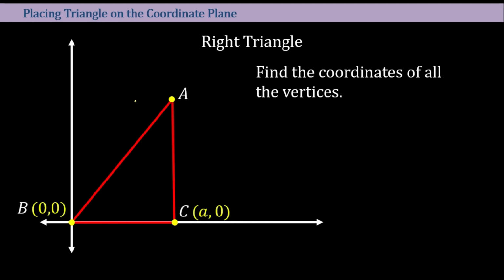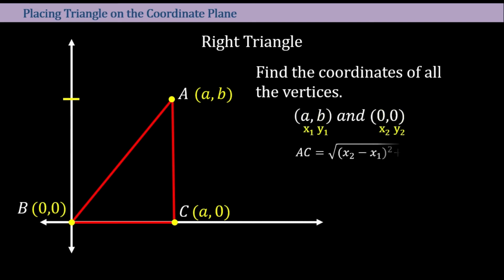Now remember, the distance from 0 to here, I will be putting B. So if this is B comma 0, this will be A comma B, 0 comma B, I'm sorry. This will become A comma B because this should have the same x coordinate, but the height should be B. Now let's use the distance formula to prove the same properties.